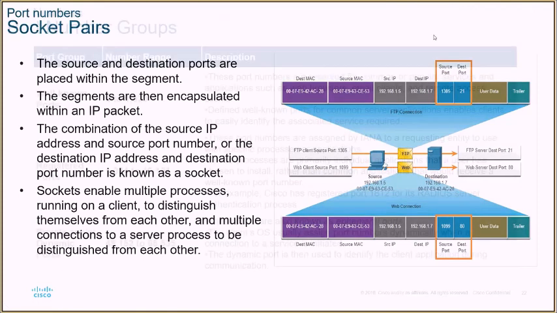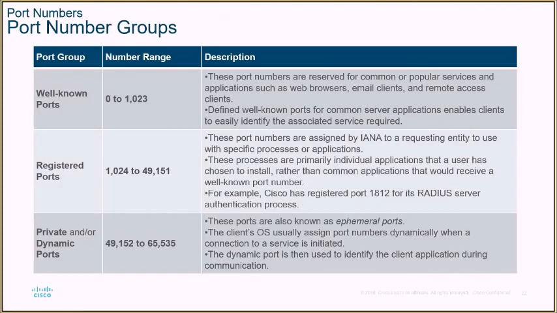Okay, so well-known ports are 0 to 1023. These port numbers are reserved for common or popular services and applications such as web browsers, email clients, and remote access clients. Defining well-known ports for common server applications enables clients to easily identify the associated port required. There are registered ports between 1024 and 49151.